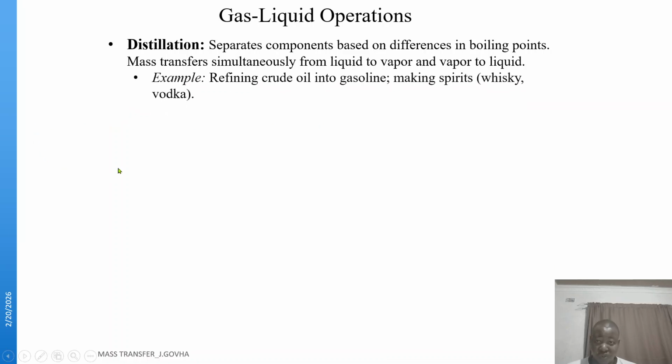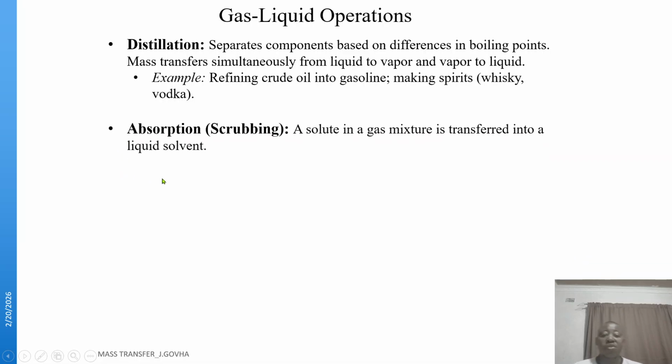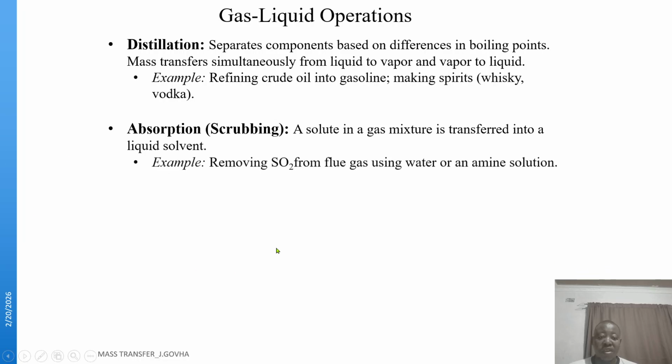So our crude oil refining and making of our spirits are typical examples. Then absorption, where we are scrubbing off a solute in a gas mixture into a liquid. And an example there is removing our SO2 through use of water or amine solutions.